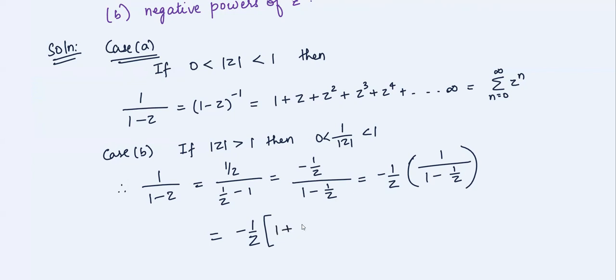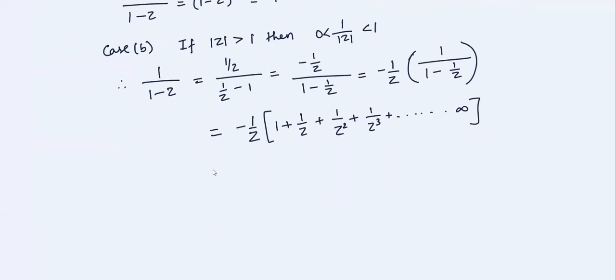So we get 1 plus 1 by z plus 1 by z square plus 1 by z cube, and so on. When you multiply, we get minus 1 upon z minus 1 upon z square minus 1 upon z cube.